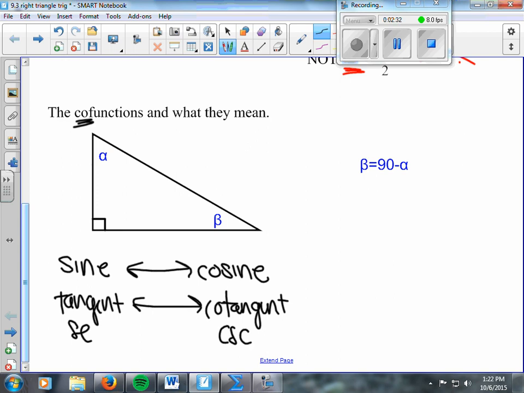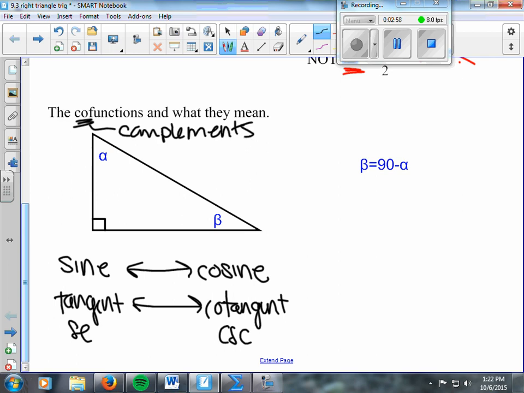So those are our cofunctions. We've got 3 sets of cofunctions. What a cofunction does is that it's the same ratio as its function. So function and cofunction give the same ratio when the angles are complements. So this "co" stands for complementary, complementary angles.